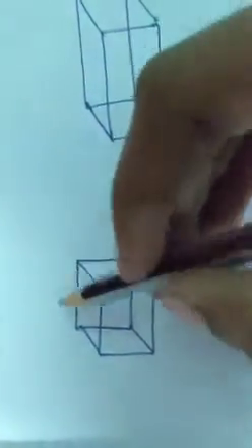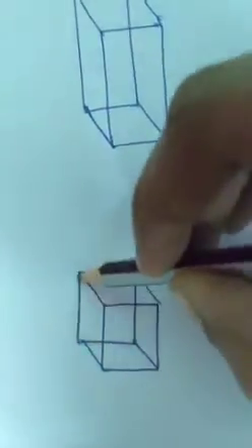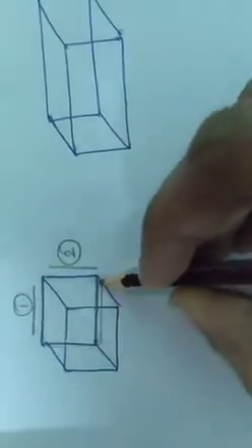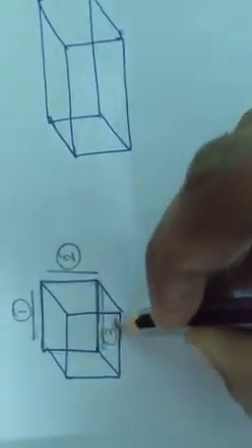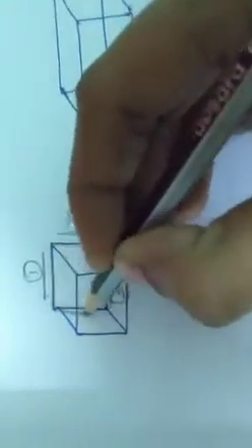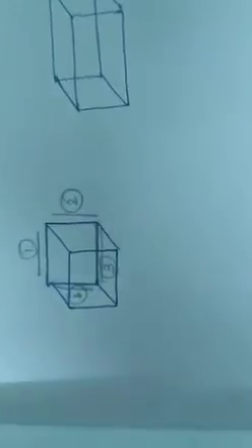Now here see, how many edges are there? That is 1. That is 1. This is one edge. So 2. So this is one edge. So 3. So this is one edge. 4.